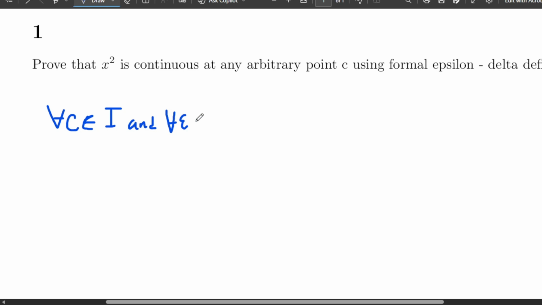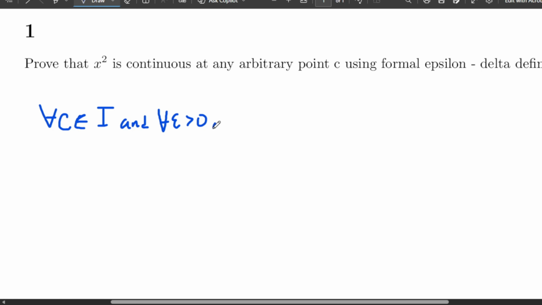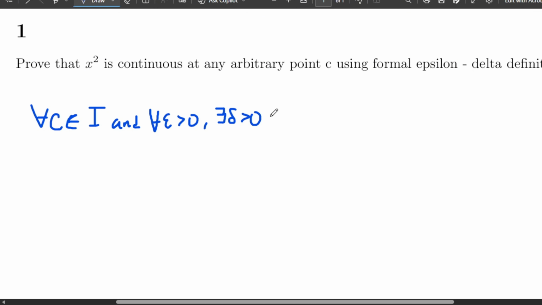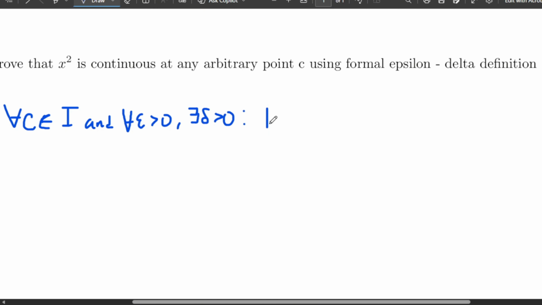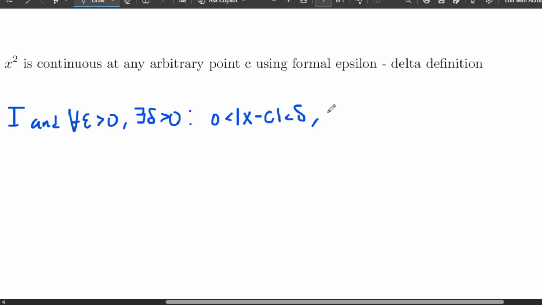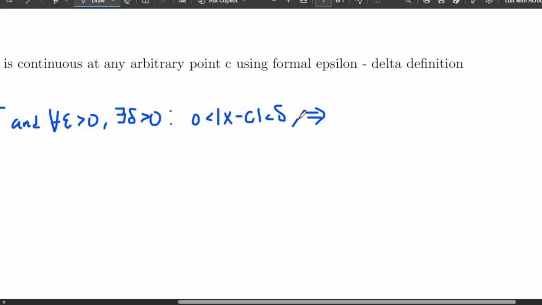So for all C in the interval I, and for all epsilon greater than 0, this is the formal definition of continuity, there exists a delta greater than 0 such that the distance of x minus C is greater than 0 and less than delta, and that implies that the distance of f of x and f of C is less than epsilon.